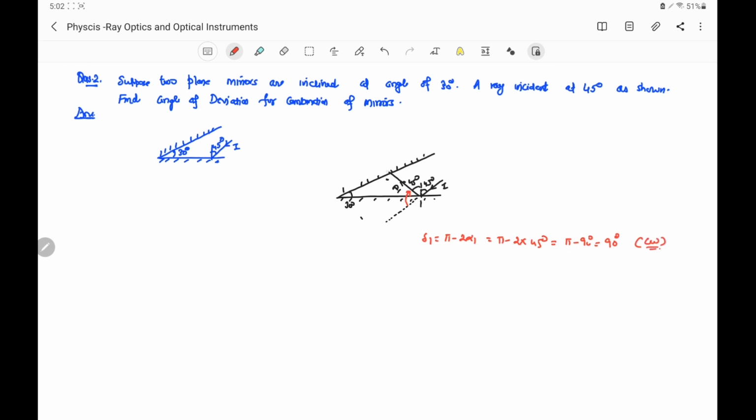Now at the second surface, we draw a perpendicular on the mirror at the point of incidence of the reflected ray.